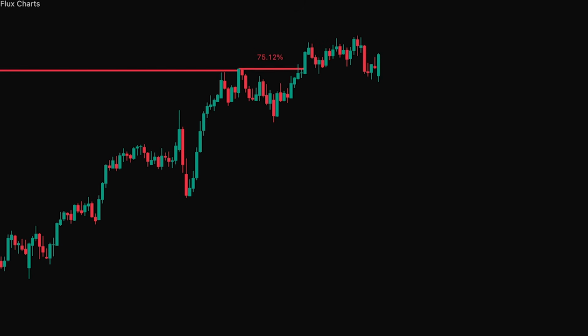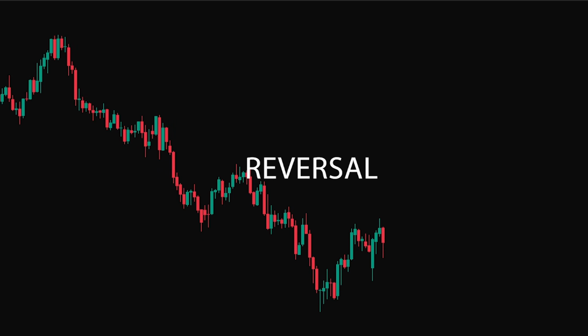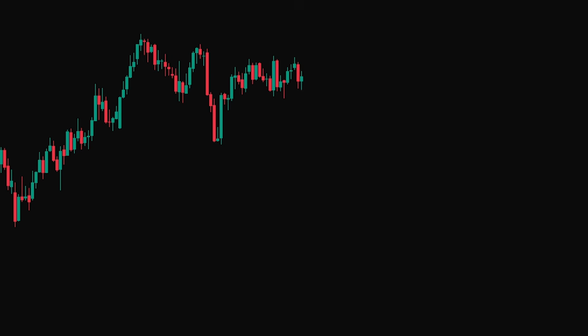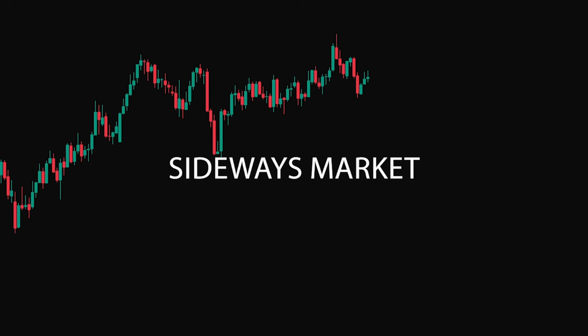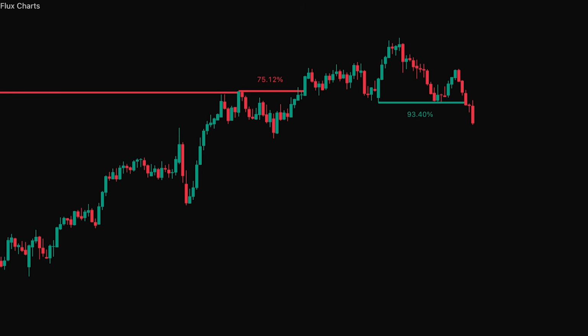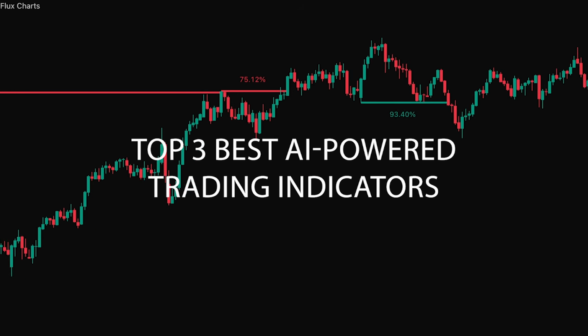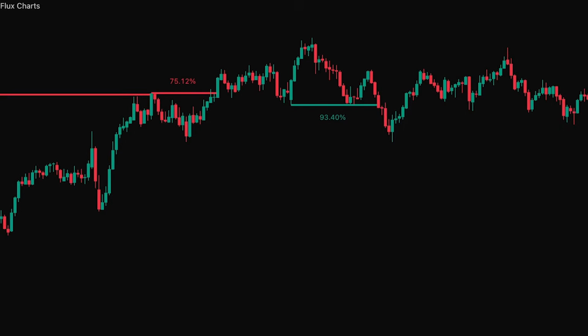If you're tired of lagging traditional indicators, missing reversals, or getting chopped up in sideways markets, then stick around because today we're diving into the future of technical analysis. These are the top 3 best AI-powered trading indicators currently crushing it on TradingView.